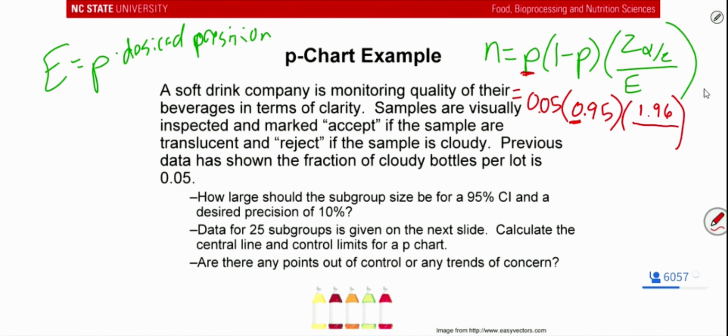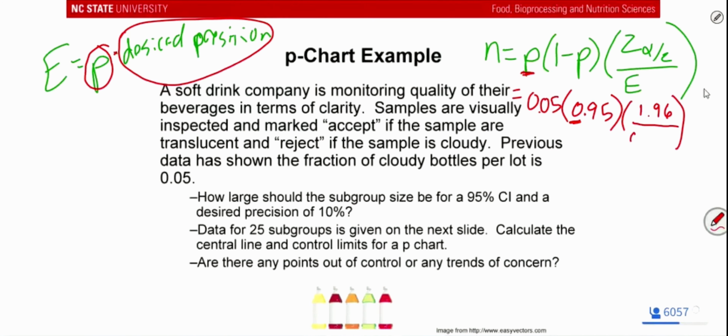Don't make this mistake of only punching in the desired precision. We got to multiply these two. So we're going to put in 0.05 times 0.1. And I get 18.62. And you can't have a fraction of a sample, so I would just round up to 19.